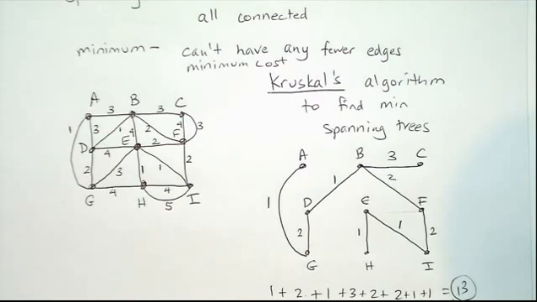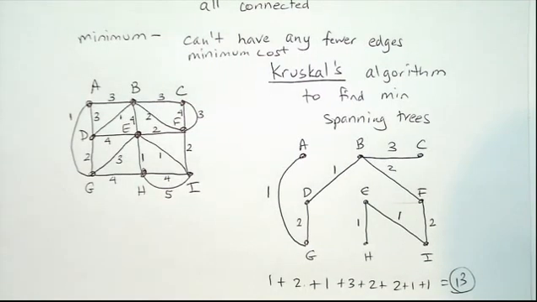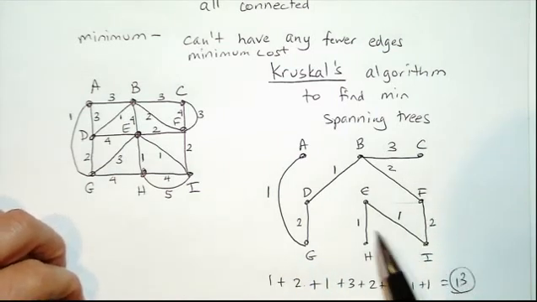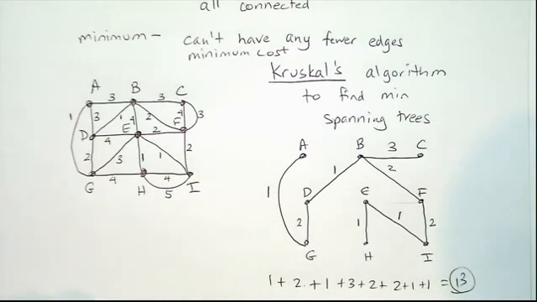So the reason why we have minimum spanning trees and we calculate this minimum cost is that it's just one way of calculating the cheapest way to get all the nodes connected. Yes? The cost is the sum of all the minimum weight edges.